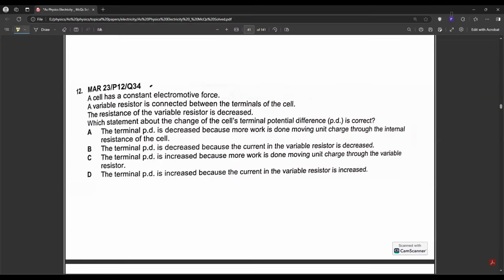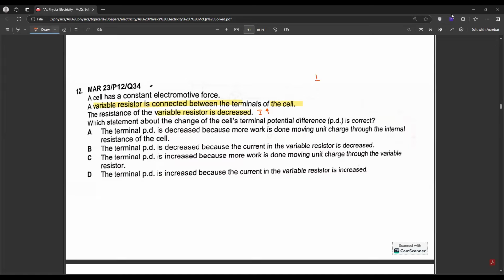Let's see this. A cell has a constant electromotive force. A variable resistor is connected between the terminals of the cell. The resistance of the variable resistor is decreased. What will happen? Current will increase. Which statement about the change of cell's terminal potential difference is correct?